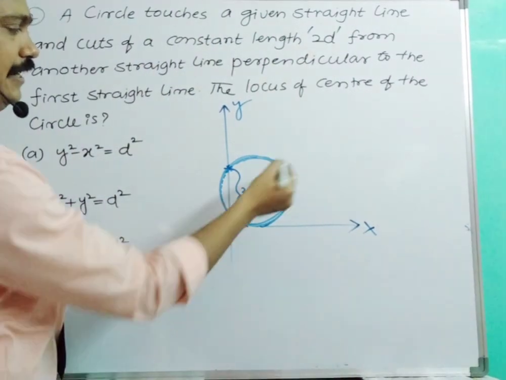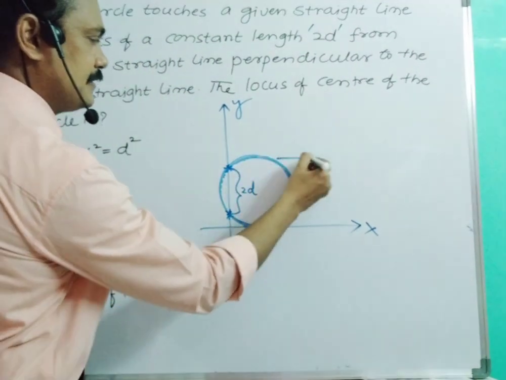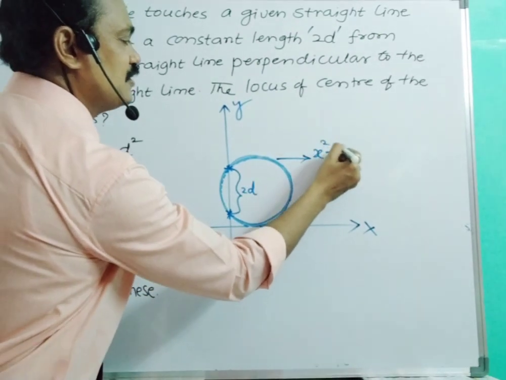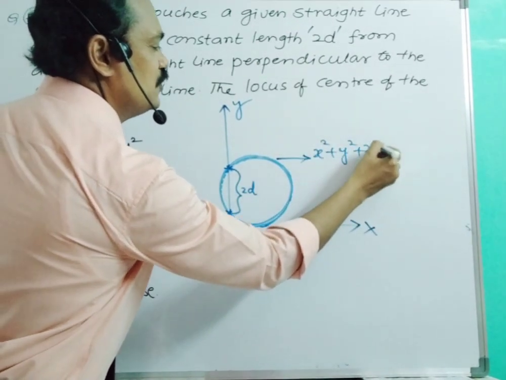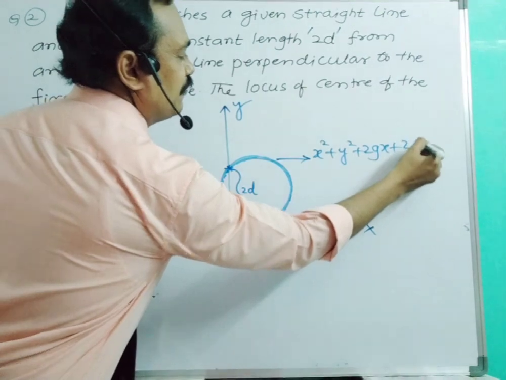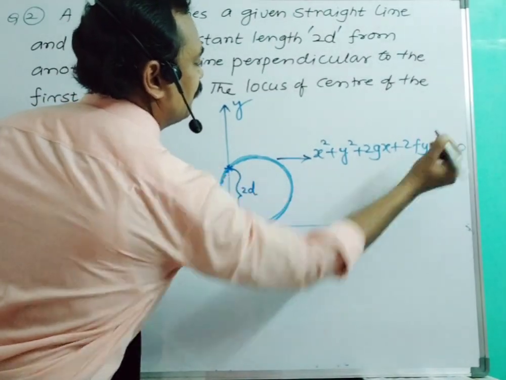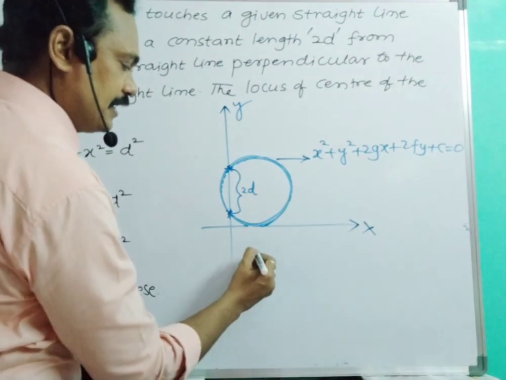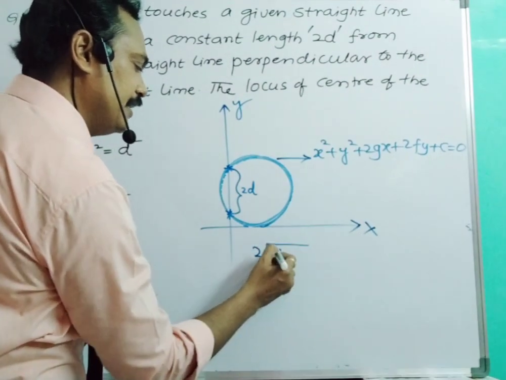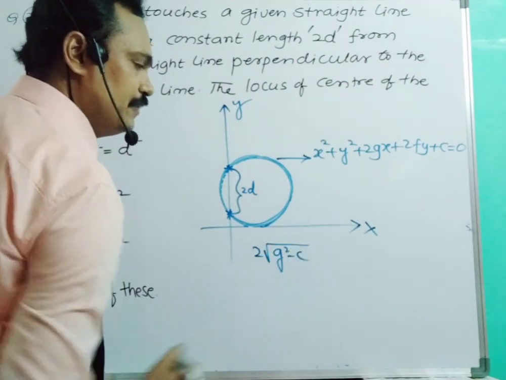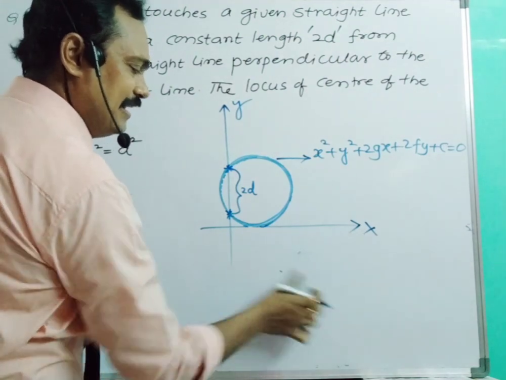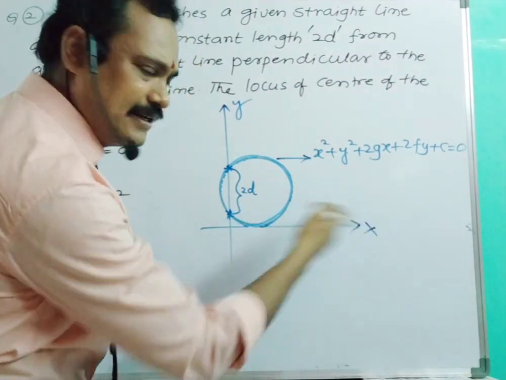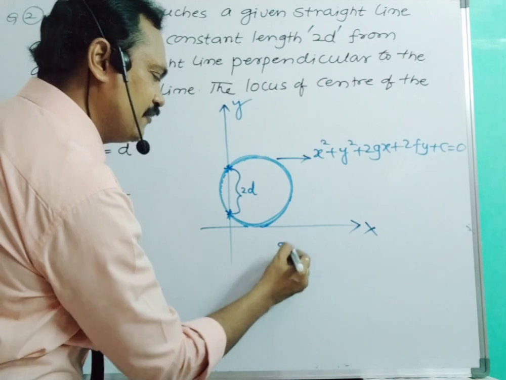Let us assume the circle is x square plus y square plus 2gx plus 2fy plus c equals 0. If the circle touches the x-axis, the condition is g square equals c.